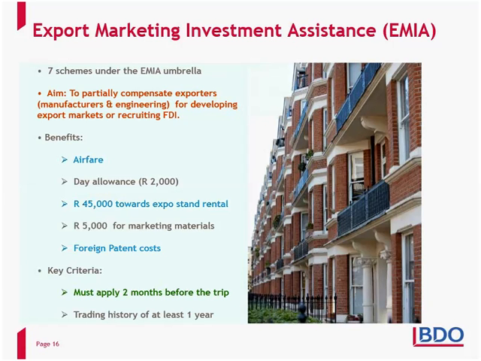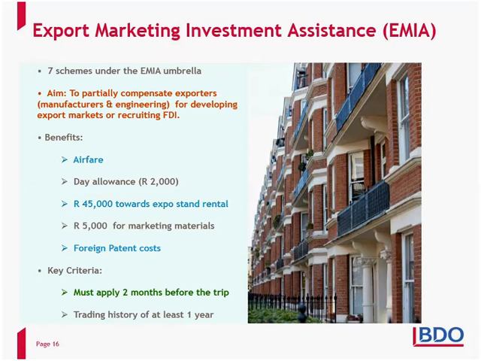Moving on to the Export Marketing Investment Assistance, the scheme has been around for a number of years and is very popular. It has 7 schemes under its umbrella. The aim of the EMIA is to partially compensate exporters, that is manufacturers as well as engineering businesses, for developing export markets or recruiting foreign direct investment.